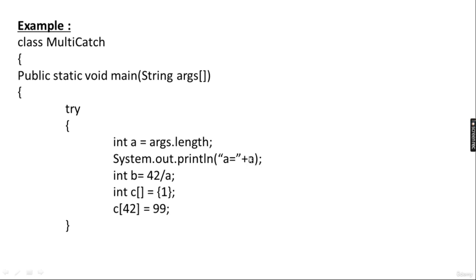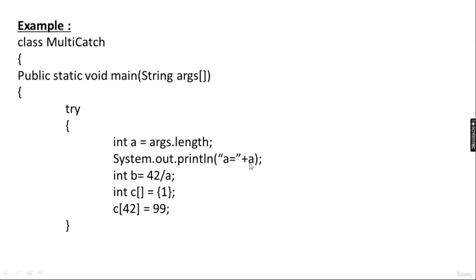Now here, if I do not pass any arguments during execution, a division by 0 error will occur, and after that this error may occur. If this error occurs, it will directly go to the catch block.